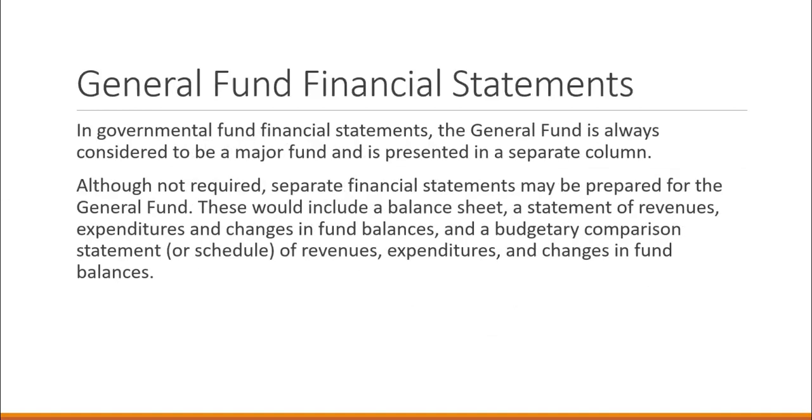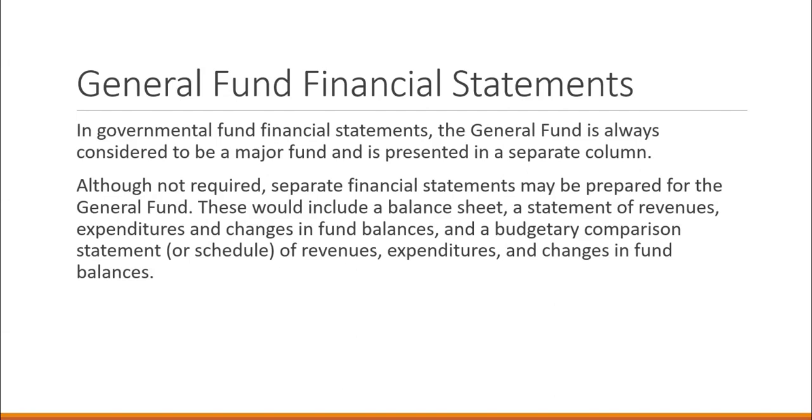And then our general fund financial statements. The general fund is a major fund and gets represented in a separate column. And then other major funds also get represented in separate columns. Separate financial statements can be prepared for the general fund, where we would do all statements showing only the general fund and then do other statements for other funds separately.